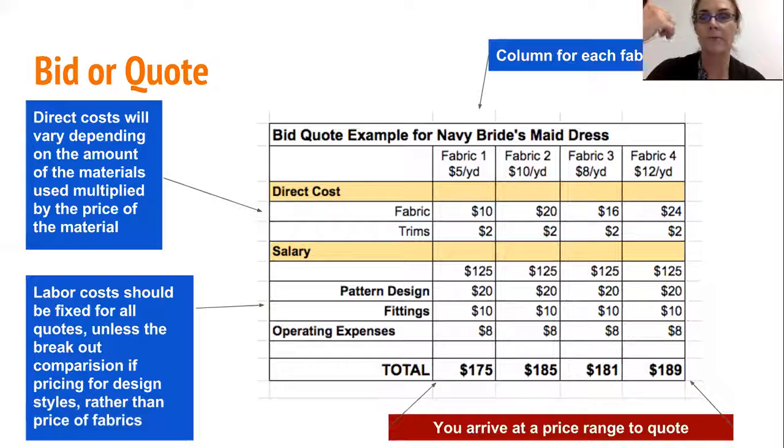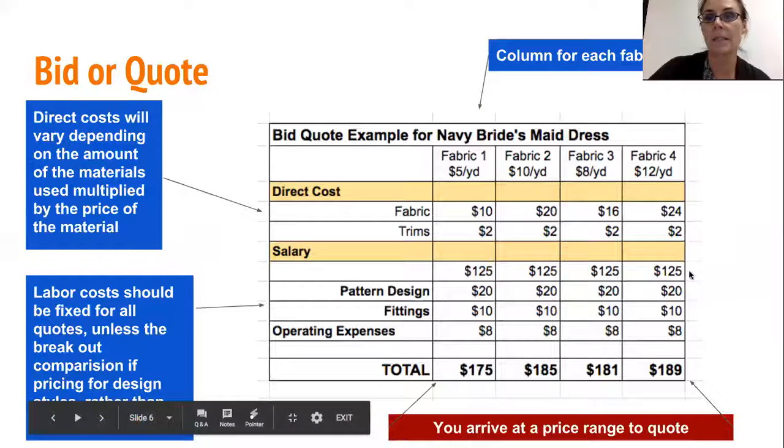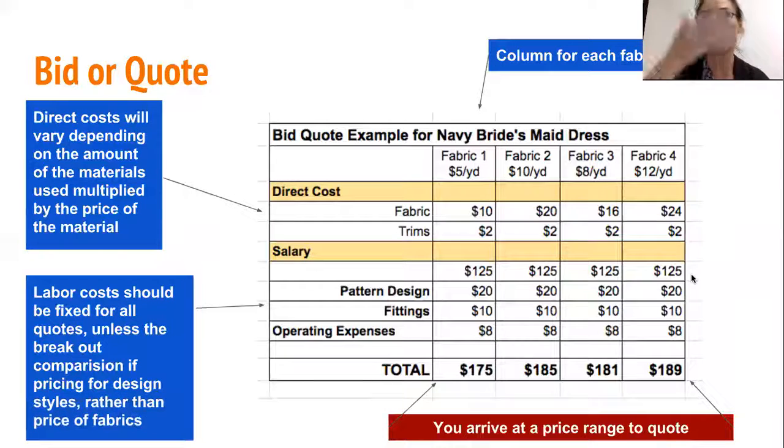That takes care of utilities, having your light on, your electricity running for your iron, for your machines, all the paper that went into your design, patterns and things. So $8. So you've already got $162 as pretty much your set charges for all labor, and then the operating expenses included.